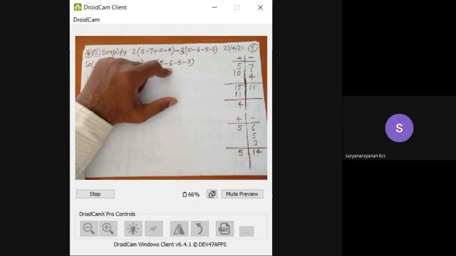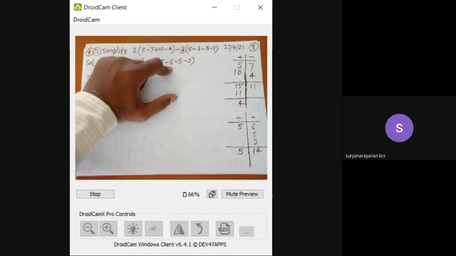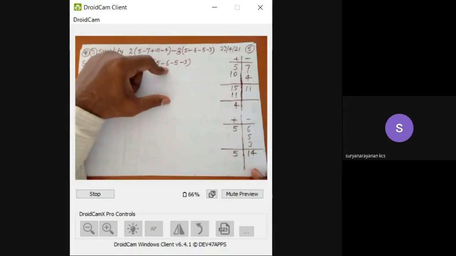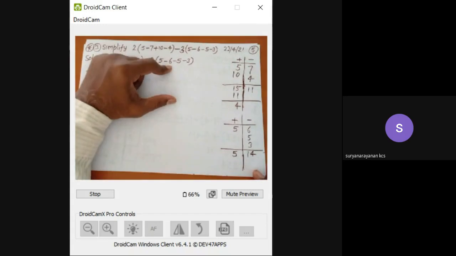Yes, we have to subtract the smaller number from the bigger number. Remember this rule. Remember this formula. Subtract the smaller number from the bigger number. So here the smaller number is 5. We are subtracting this number 5 from 14. What will you get here?